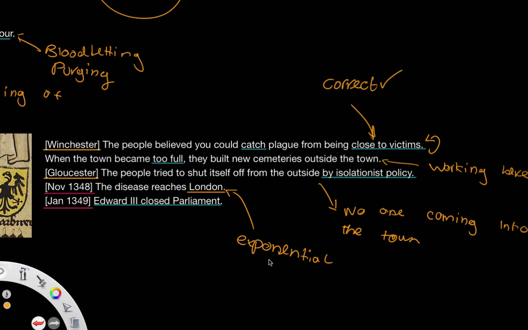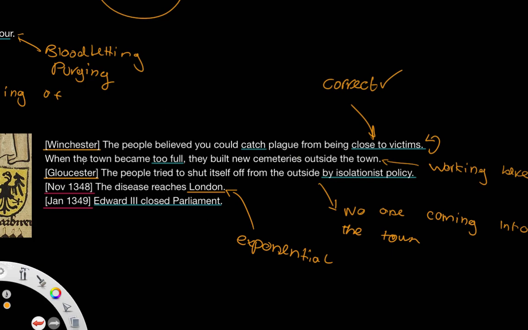It's one of the largest in England. So there's a huge amount of victims that can spread the disease further and further, and this leads in January 1349 for Edward III to close Parliament, to try and just calling Parliament off.